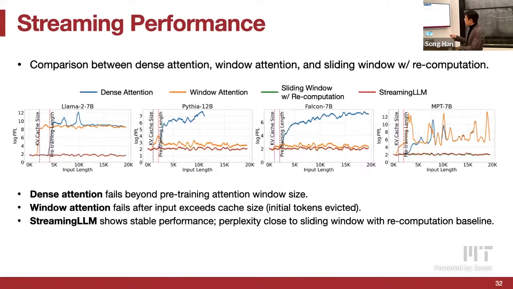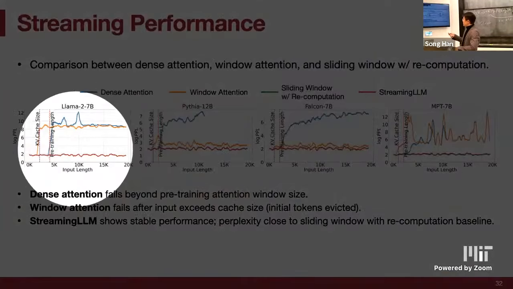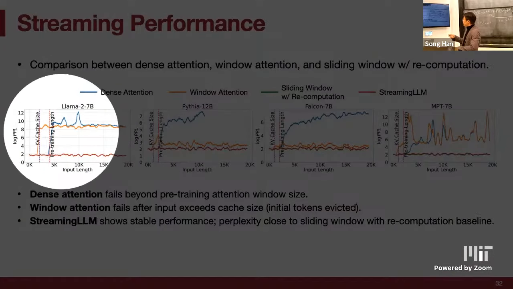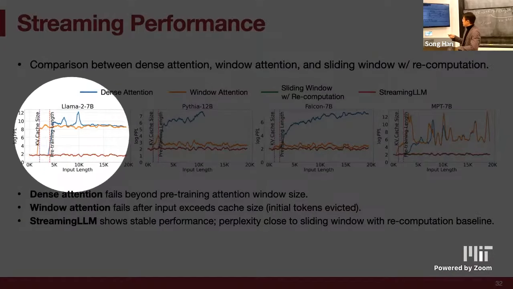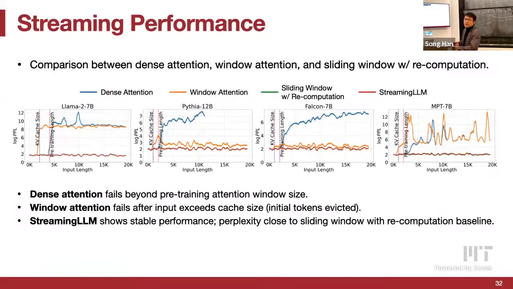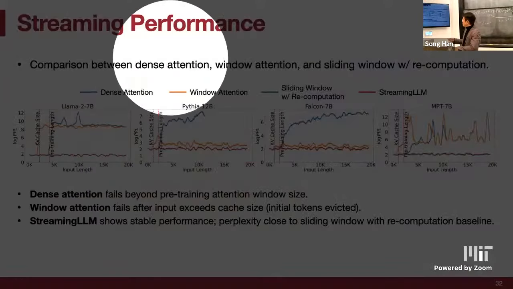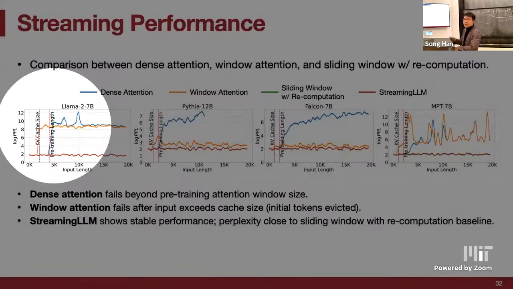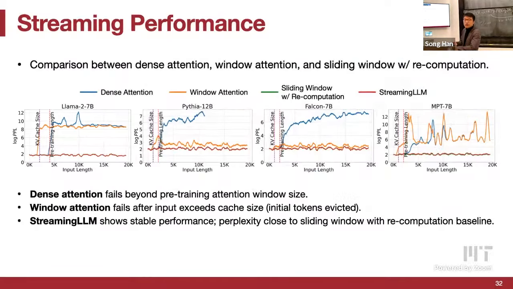So let's see the comparative performance. The dense attention, which is in blue, will fail. The perplexity will explode beyond the pre-training attention window size, like 4K for Llama 2 models. But the window attention, which is in orange, will explode after the input exceeds the cache size, when the first token, which is the sink token, is evicted.